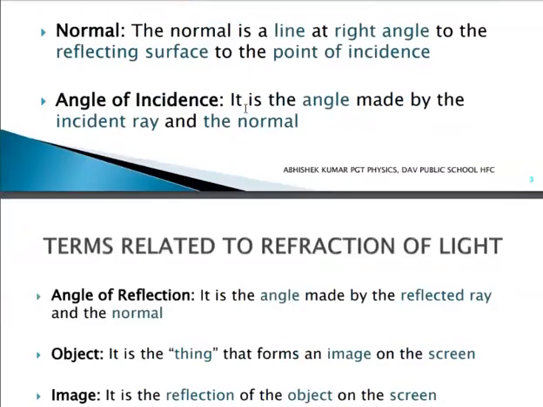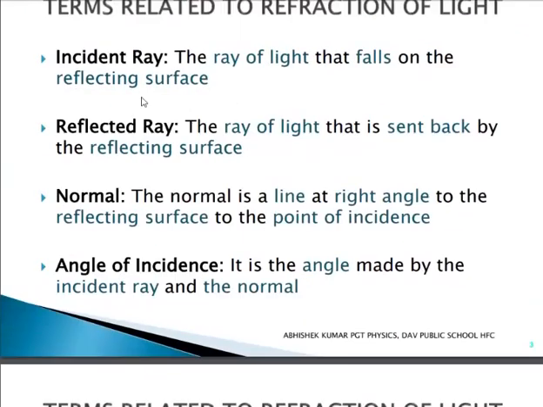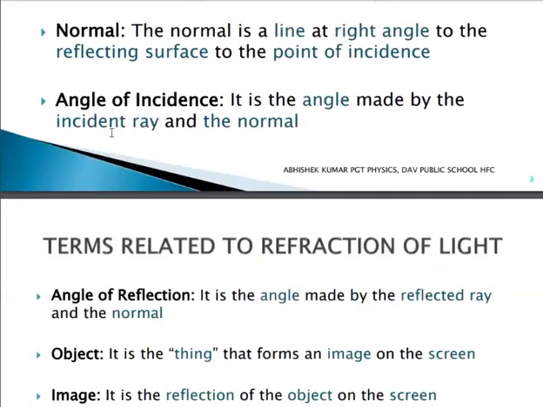Next, angle of incidence. What is angle of incidence? So far we have learned about angle, incident ray and reflected ray. So in terms of incident ray and normal, we can define angle of incidence. Angle of incidence is defined as the angle made by the incident ray with the normal.